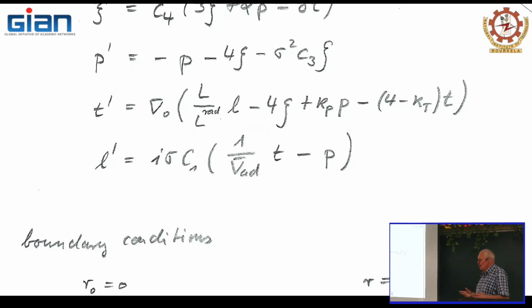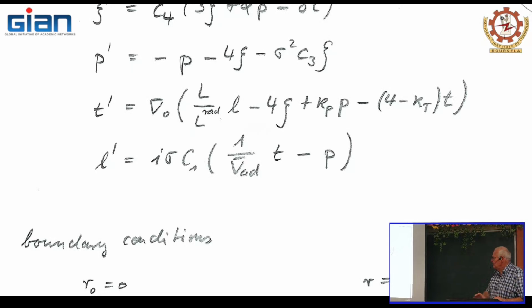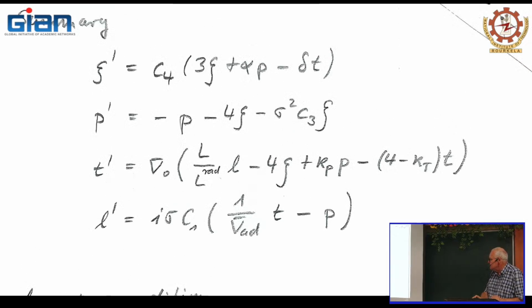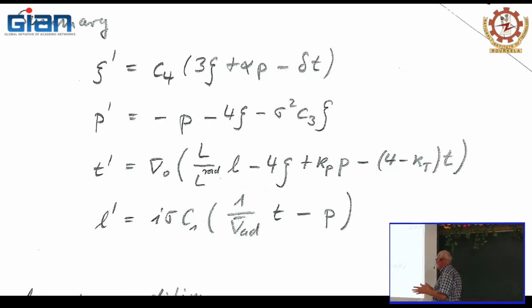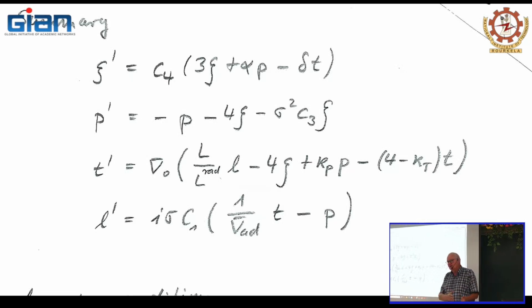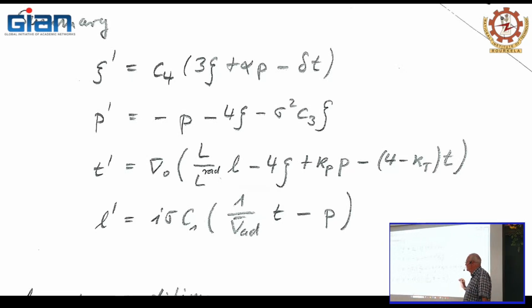Okay, so let's consider the solution problem of our system. Once we take all four conditions either at the inner boundary or at the outer boundary, then we know that we always have a solution.